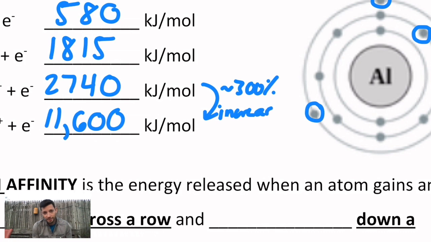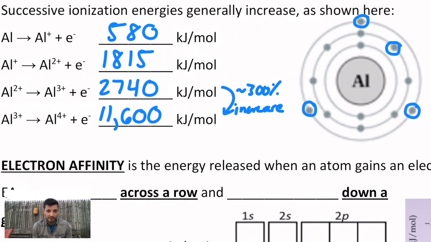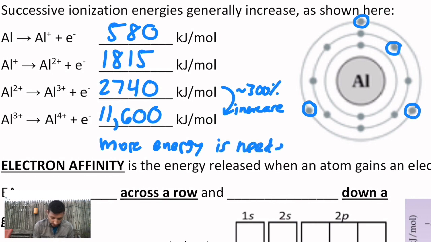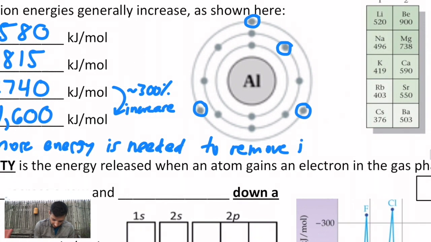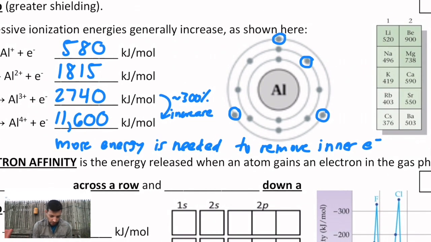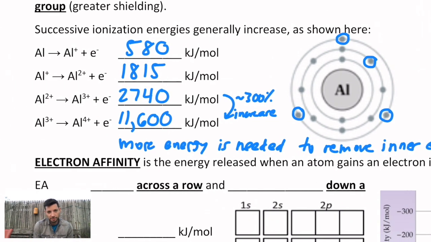And we can actually use this as a way of identifying what column of the table an element is in. More energy is needed to remove inner electrons. We stopped taking away electrons from the valence shell once we formed the aluminum 3 plus cation.